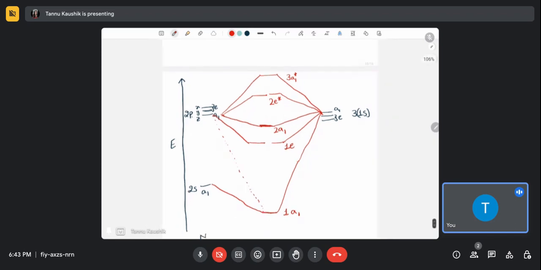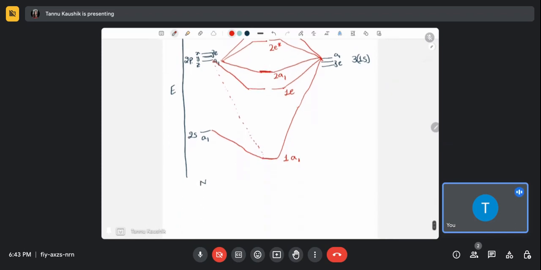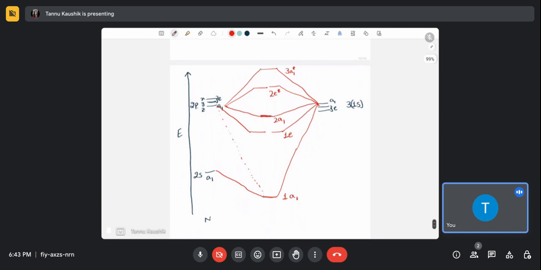So this will be the molecular orbital diagram for the ammonia molecule. You will have to see how these orbitals will overlap. Firstly, you will have to find the symmetry of the orbitals of the central atom and of the atoms around it, here three hydrogen atoms.